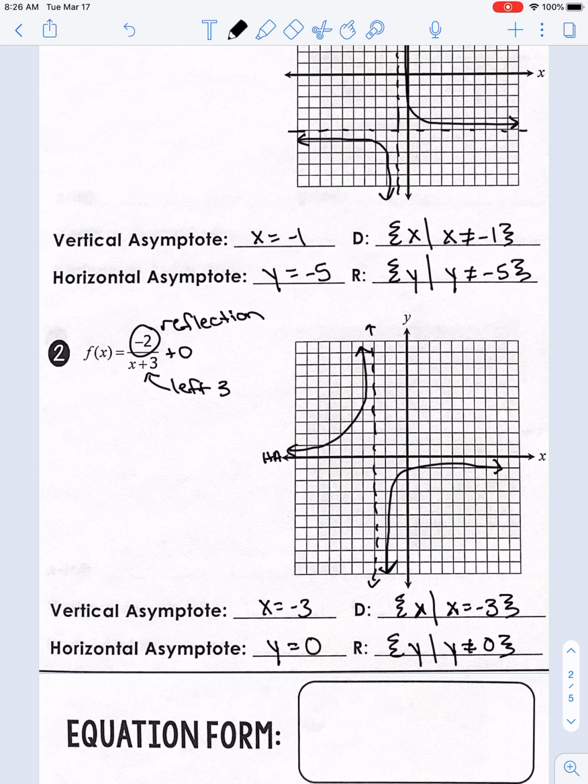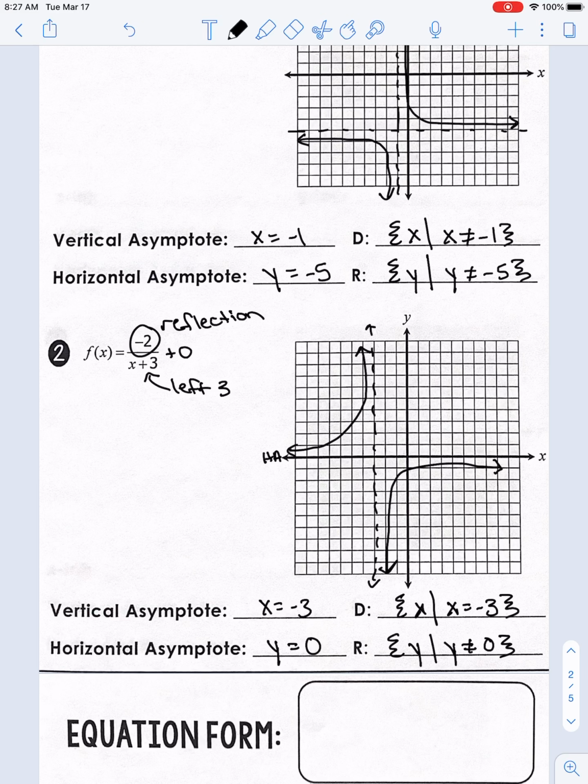So the key difference for you to realize for these problems is whether you're dealing with a reciprocal function versus a rational function. It is a reciprocal, or one of these easier hyperbolas, if there's no polynomial in the top of your fraction, or in the numerator. So there's no x in the numerator, there's only an x in the denominator.